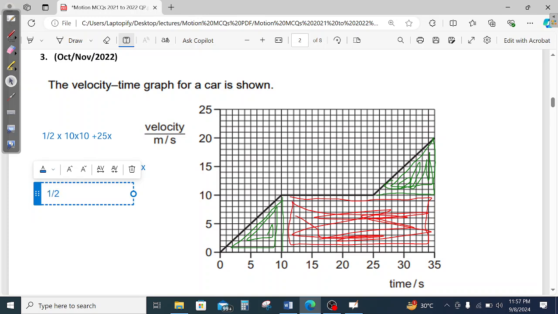1/2 multiplied by 10 multiplied by 10, plus the length of the rectangle is 25 multiplied by 10. 10 is the width, as I have told you.